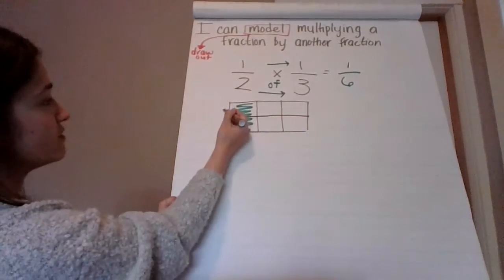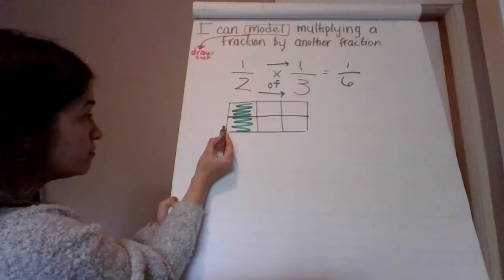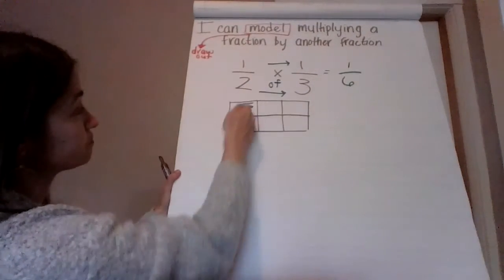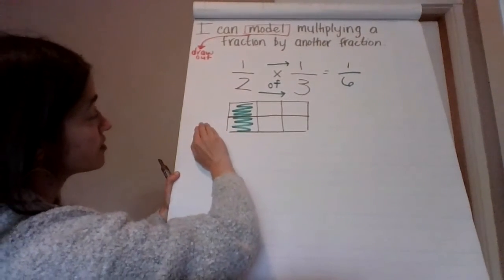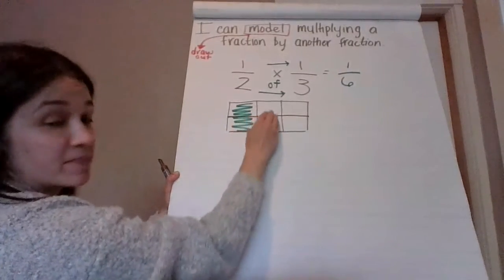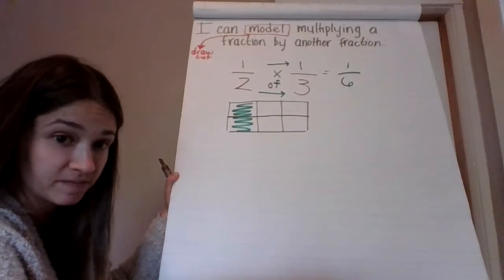Now when I look here, I have 1/2, 2 halves. Well, I have to partition the entire whole into halves so that all my pieces are the same size. Do you remember how in fractions all our pieces need to be the same size?